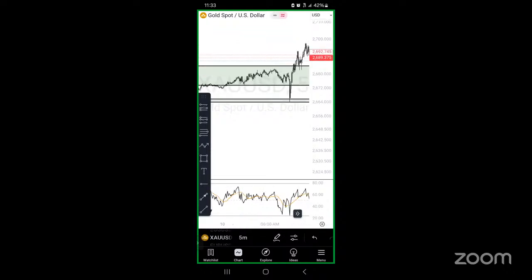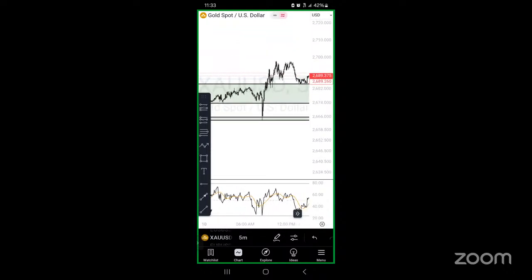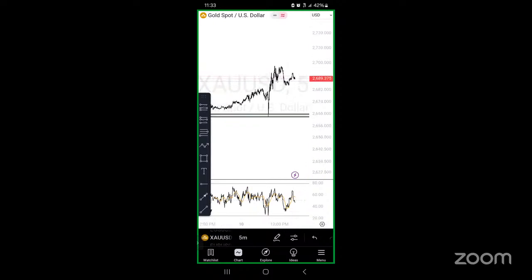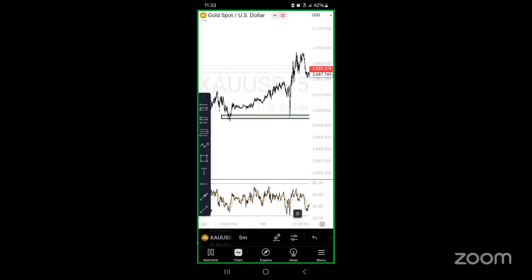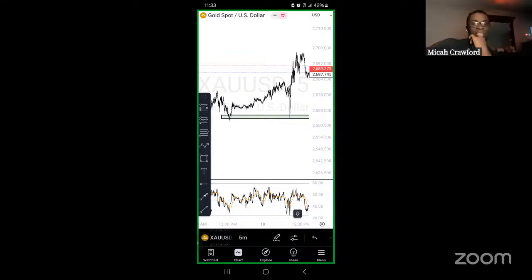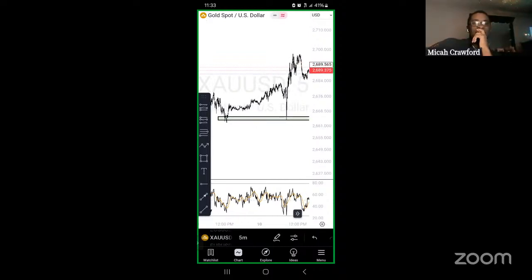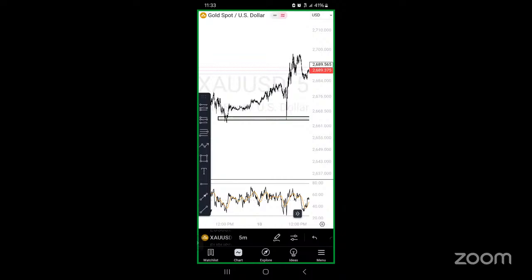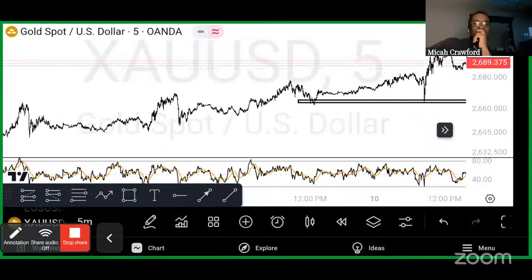And I try to keep my charts clear, because whenever my charts are not clear, I start getting discombobulated and I just don't see it. So what you had on there was a good markup though.